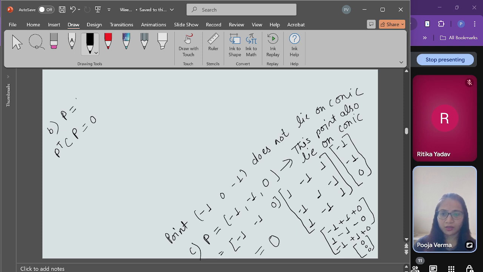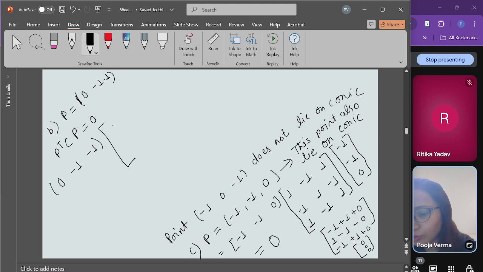The point is 0, -1, -1, right? So just calculate it. The conic matrix is 1, -1, 1, -1, 1 and -1, 1, -1, 1. And the next point is 0, -1 and -1.